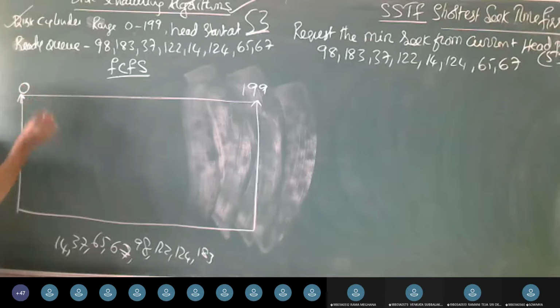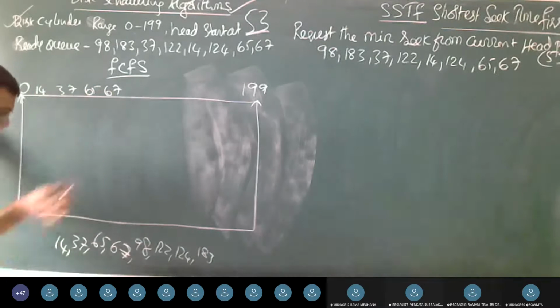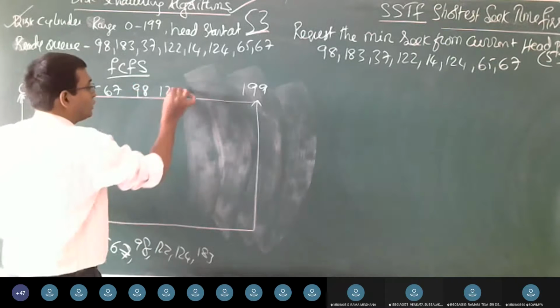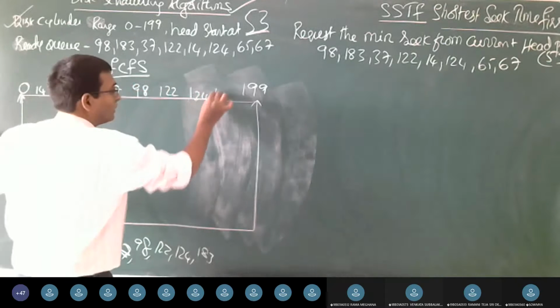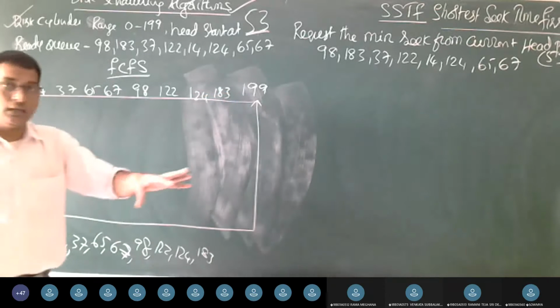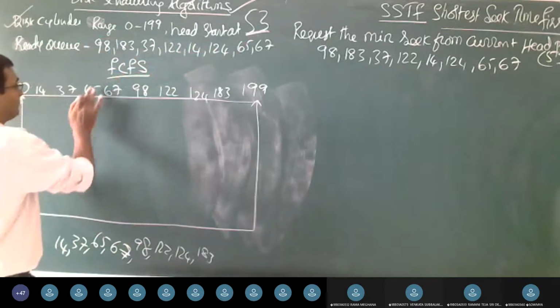Now plot the item 14, plot the item 37, plot the item 65, plot the item 67, followed by 98, 122, 124, and 183. Right? So what are the stages we have done? We have taken head is equal to 53.